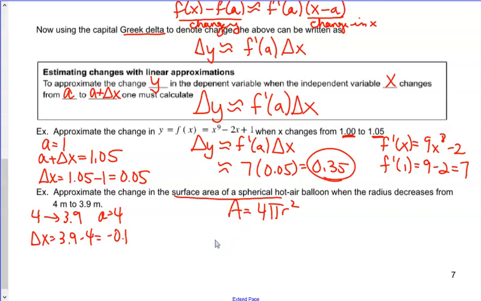So now we're in terms of A and r. If I want to find the change in A, I have to do the approximation of A prime at a times our delta r. Actually I could refer to this as my delta r if I want to think of it that way as well. So what is the derivative of that function?